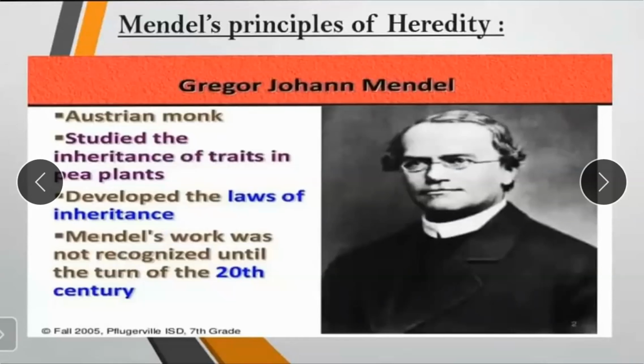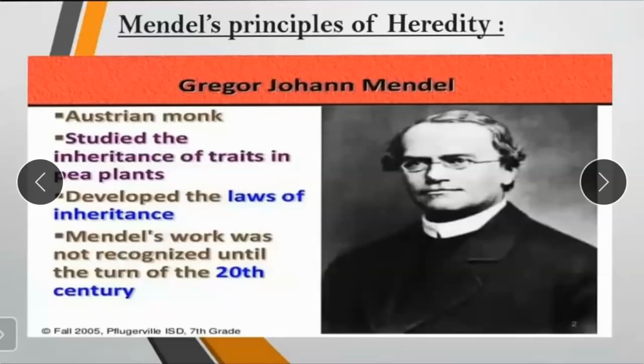And later these principles became popular by his name. Mendel's work was recognized only in the 20th century. And after a reconfirmation of these principles, the same principles now form the basis of modern genetics.